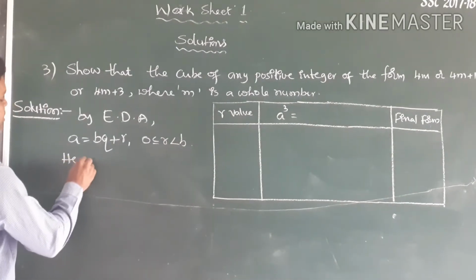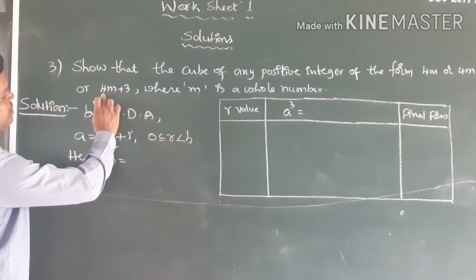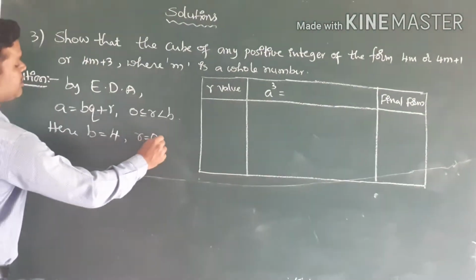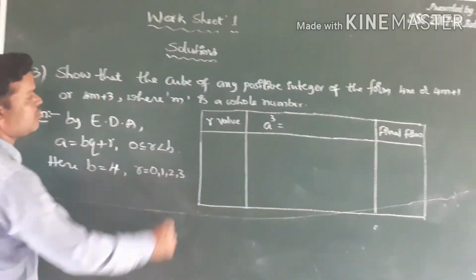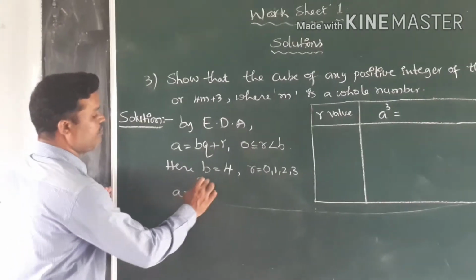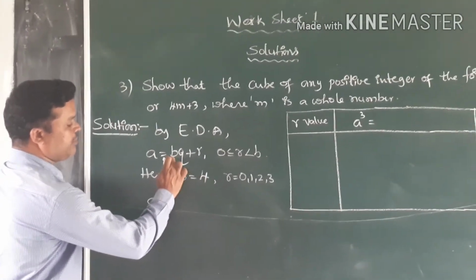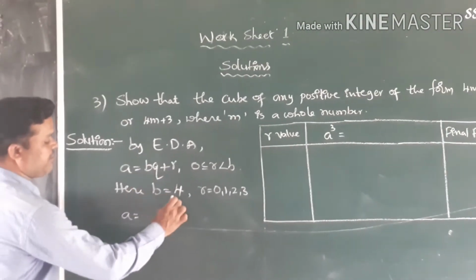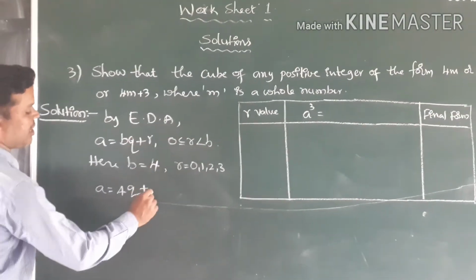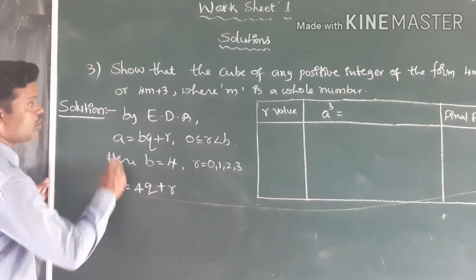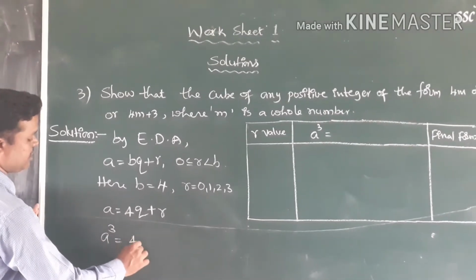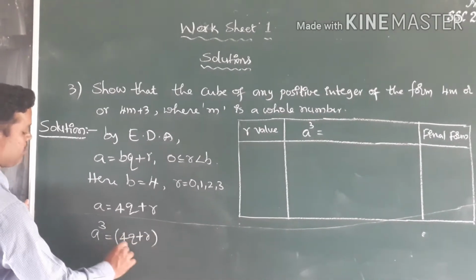Now here, according to the question, b is equal to 4, then r is equal to 0, 1, 2, 3. Now define a is equal to bq plus r. In the bq plus r, take b value as 4, so 4q plus r. Now the cube of the positive integer is a cube, that is 4q plus r whole cube.